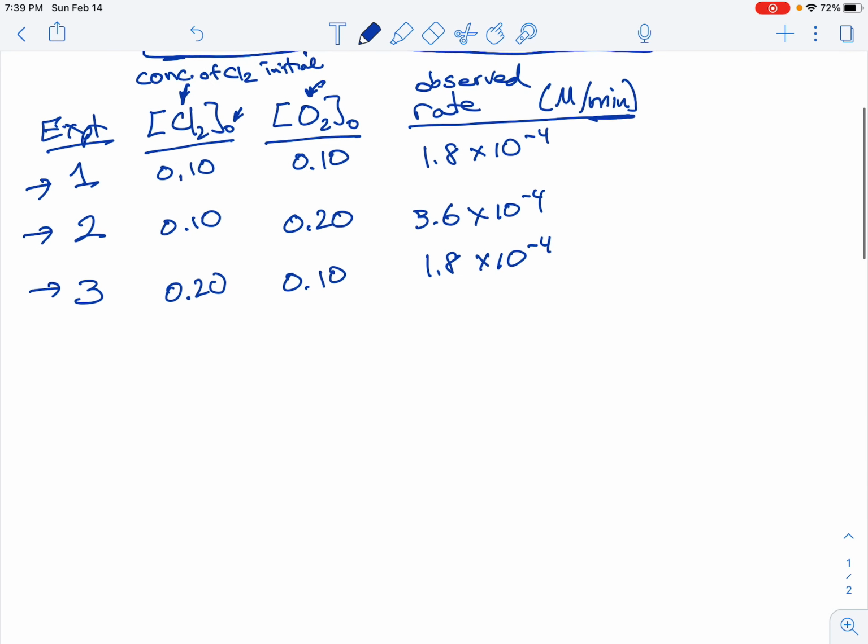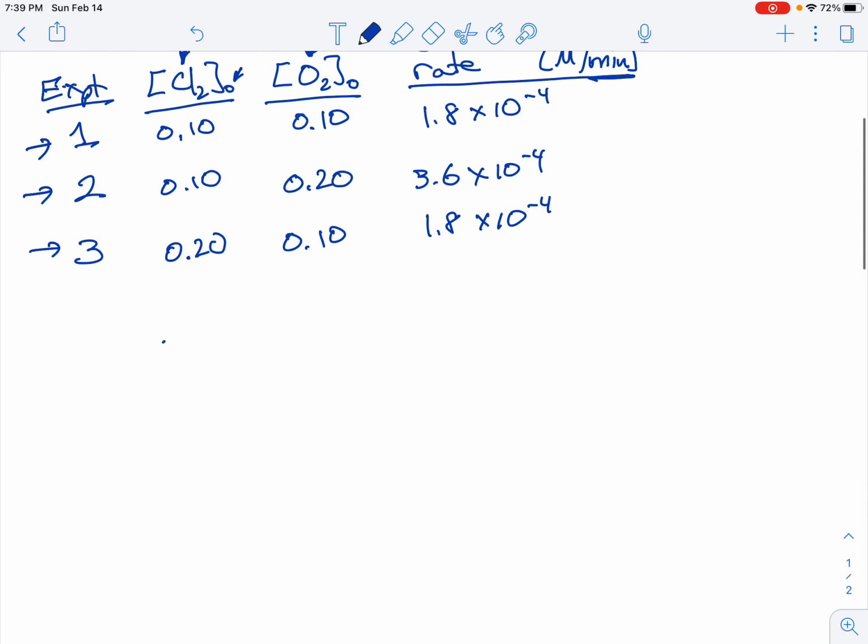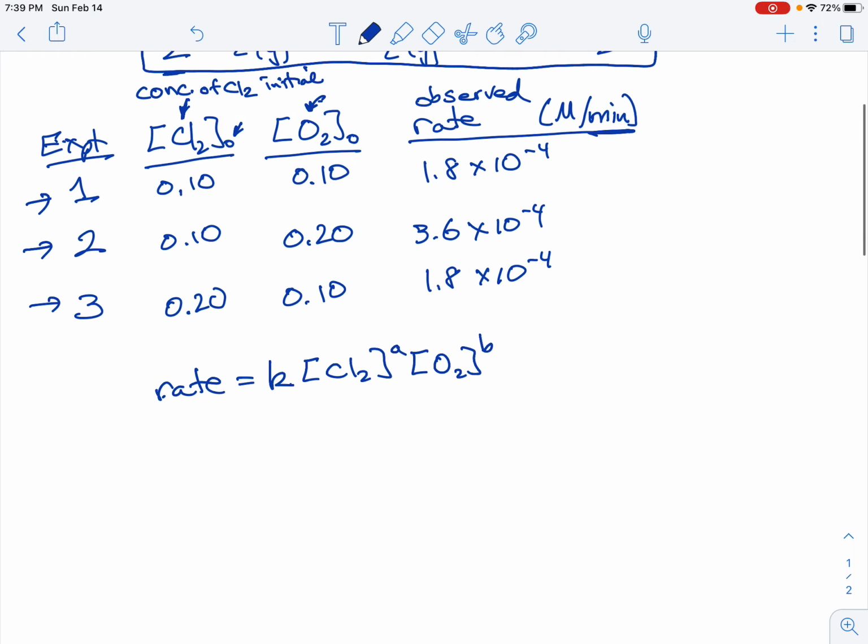Every rate law has a certain form. The rate law is always in the form of rate equals a constant that we're going to have to solve for, times the concentration of each of the reactants, and each reactant is raised to a different power. We have 2 reactants, which means we have 2 terms in our rate law, and these terms are raised to powers that are referred to as orders.